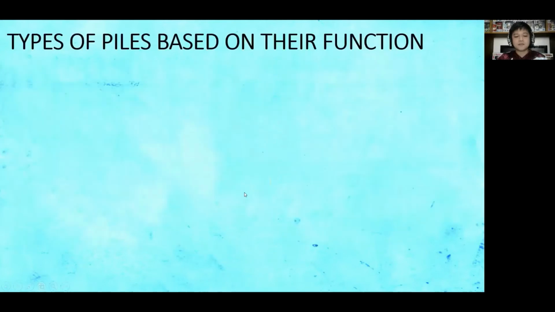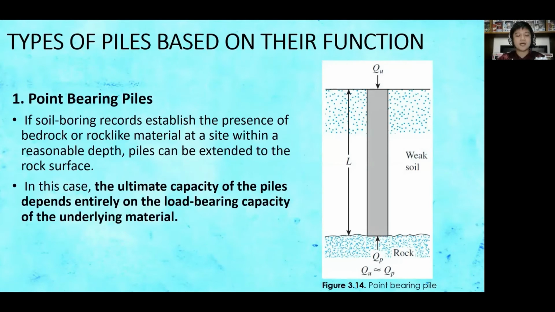For the types of piles based on their function, first is the point-bearing piles. It is dependent only on the rock layer at the tip or end of the pile.